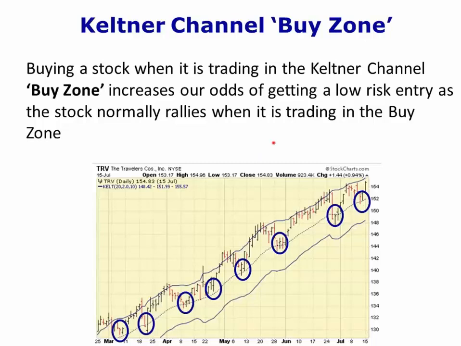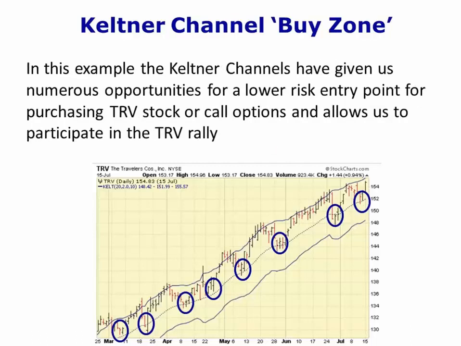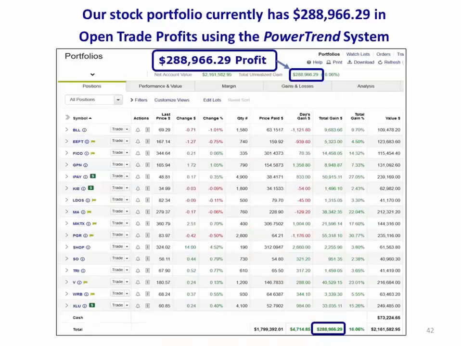So this helps us get a lower risk entry. In this example, you can see we had about 8 opportunities to purchase Travelers when the stock was trading in the Keltner channel buy zone. So this helps us time our entries for stocks that are in a strong price uptrend.